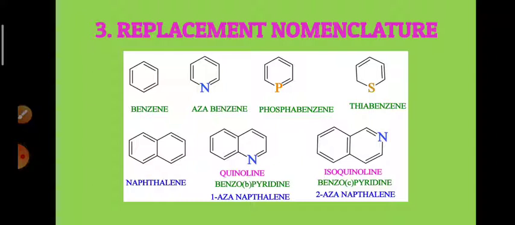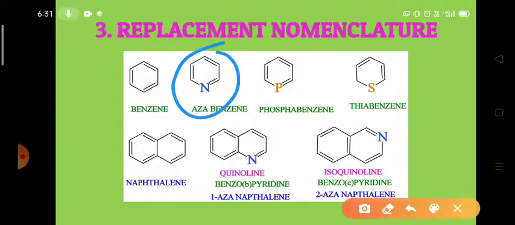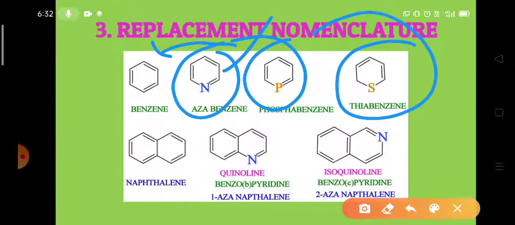For example, here this pyridine is considered as the compound derived from benzene, so that's why we call it azabenzene. Comparing with benzene, we call it azabenzene. And this one is given as phosphabenzene, and this one is thiabenzene, because these are considered as products obtained from benzene.